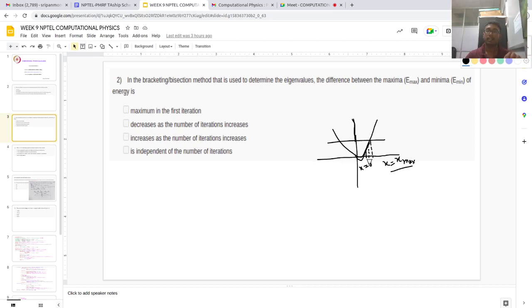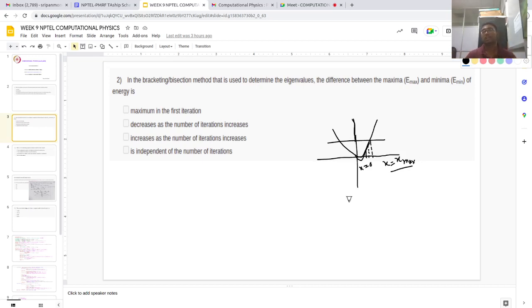So in this way, the region where the energy is suspected to have its value will shrink, and after some iterations we are going to find the exact eigenvalue. If not exact, then it will be an approximate value of the eigenstate.